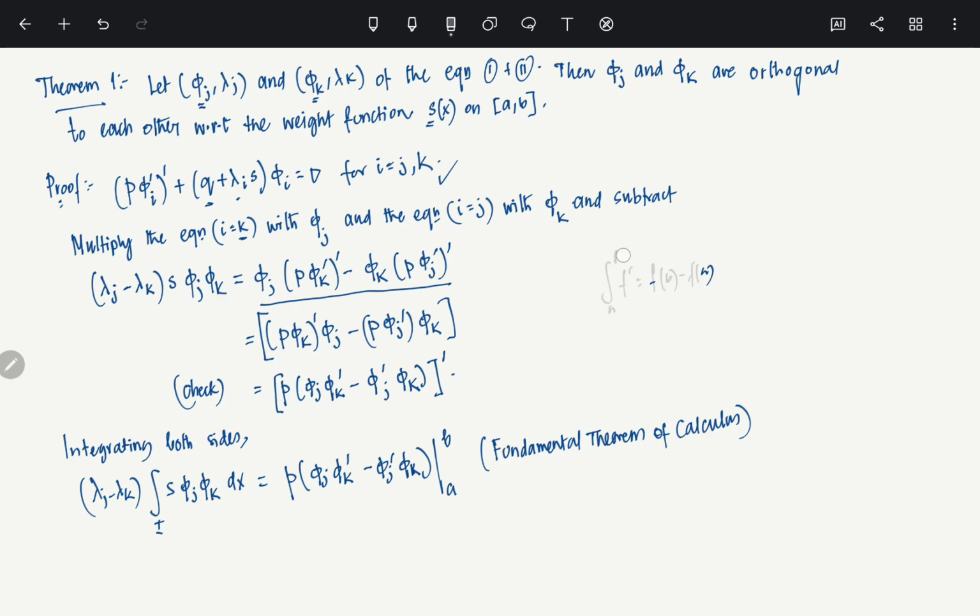Now if I extend this whole thing, I get p of b times phi j at the point b, phi k prime at the point b, minus phi j prime at the point b, phi k at the point b, minus p of a times the same expression evaluated at the point a.